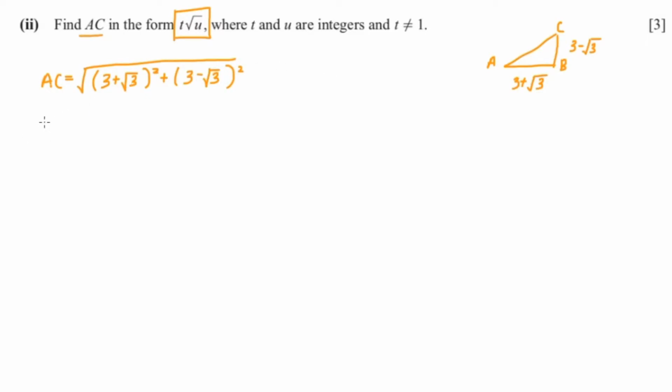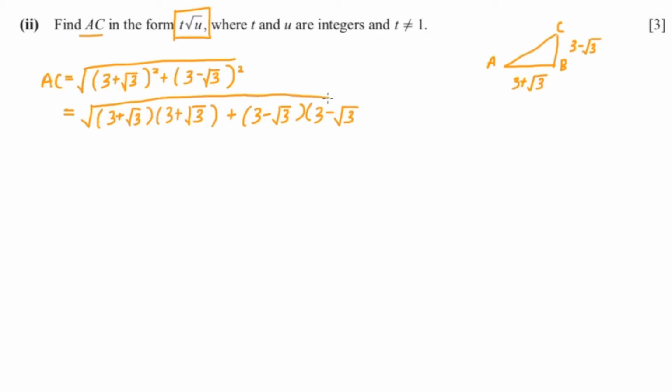And that would be square root of 3 plus surd 3 times 3 plus surd 3 plus 3 minus surd 3 times 3 minus surd 3. Now we can just expand the bracket, so that will give me 9 plus 6 surd 3 plus 3, plus 9 minus 6 surd 3 plus 3.